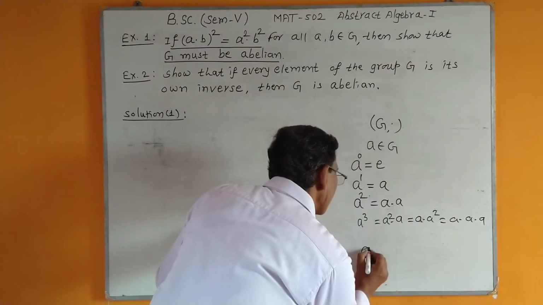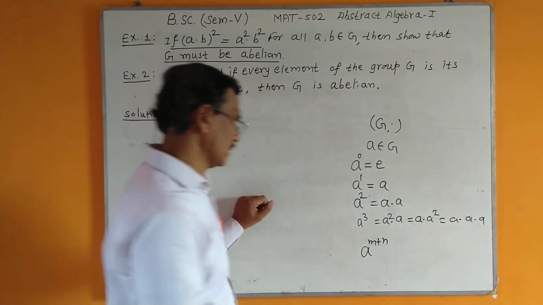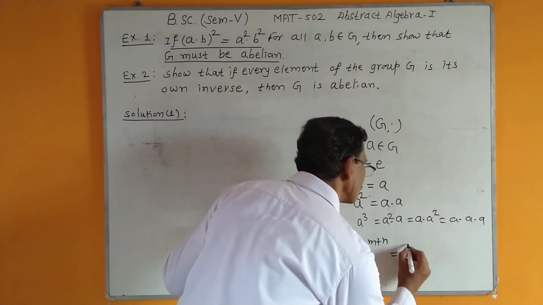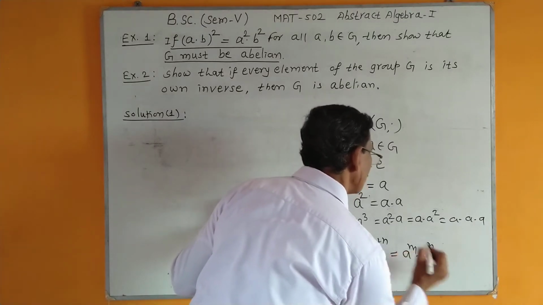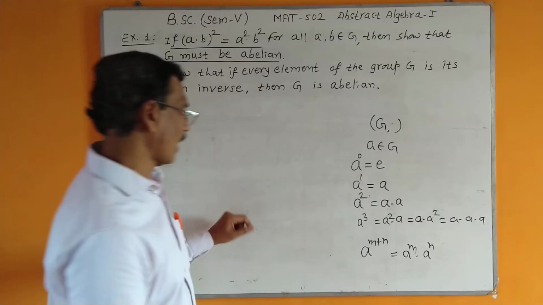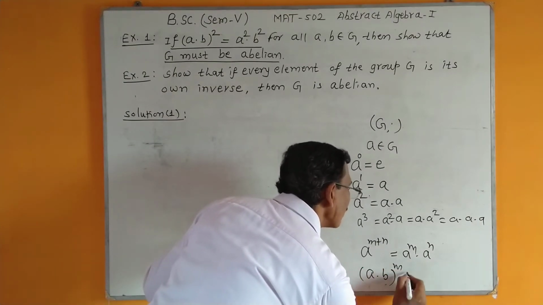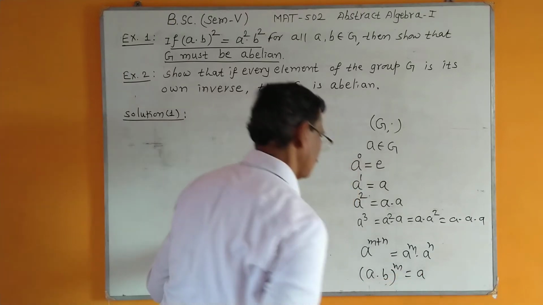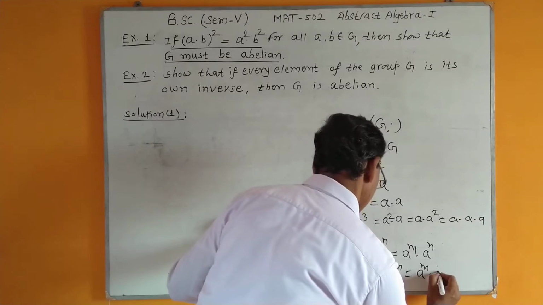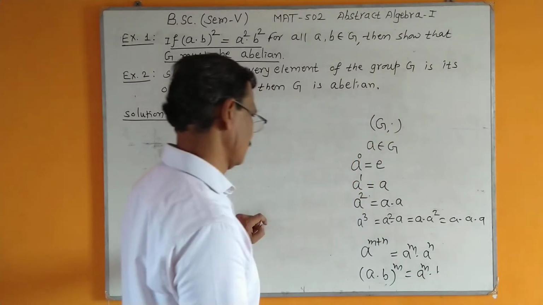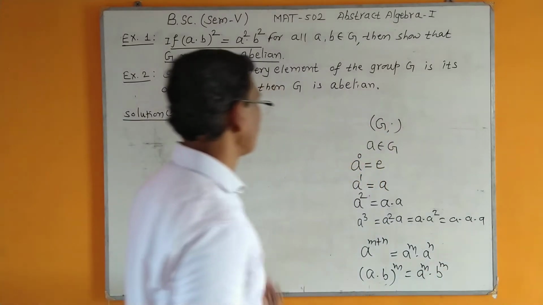Also we define a raised to m plus n, where m and n are integers, as a raised to m · a raised to n. Again, (a·b) raised to m can be written as a raised to m · b raised to m.